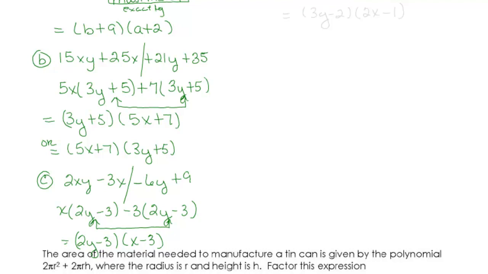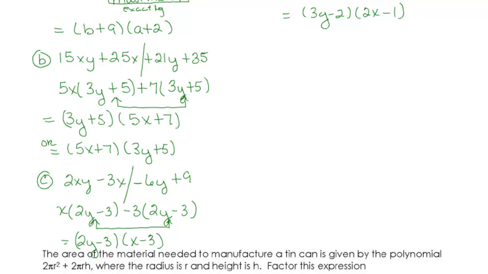And we have 3y minus 2. And then the second one, we're going to factor out a minus 1. So 3y minus 2 times 2x minus 1. That wasn't too bad, was it?